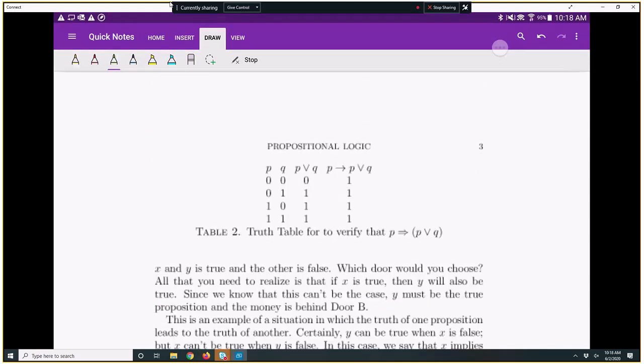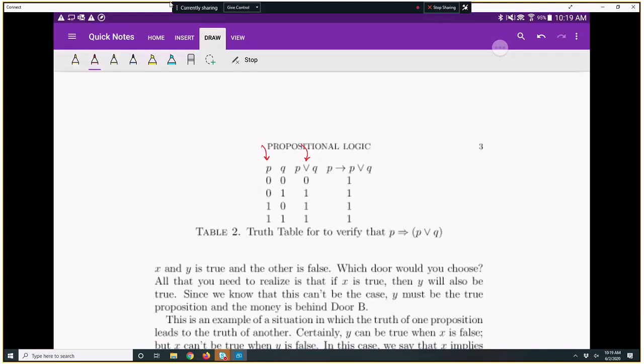And that's verified by the truth table up here. So we can see we have our column for P, our column for Q, and our column for P or Q. Now, if we want to verify P implies P or Q as a tautology, we can just simply check P implies P or Q. So we'll have false implies false, that's true.